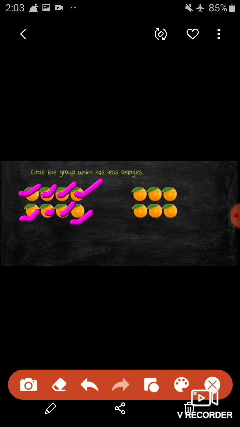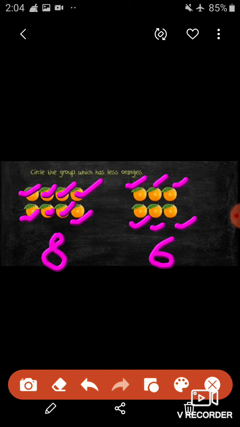So there are 8 oranges in the first group. And now in the second group, 1, 2, 3, 4, 5 and 6. So here 6 oranges are given.